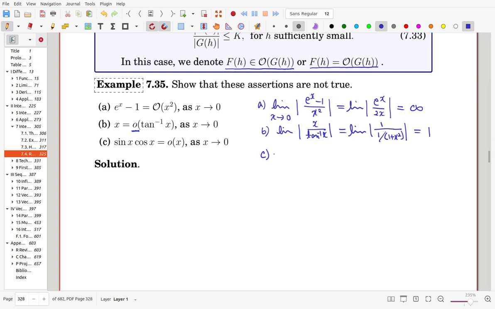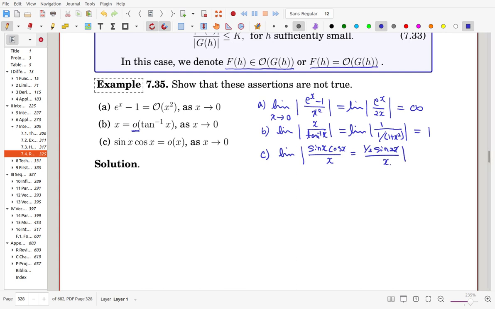Okay, part C, again the same limit, and absolute value of sine x and cosine x divided by x. That one can be written in this way. For simplicity, we can combine them. That will be half of sine 2x divided by x, right?